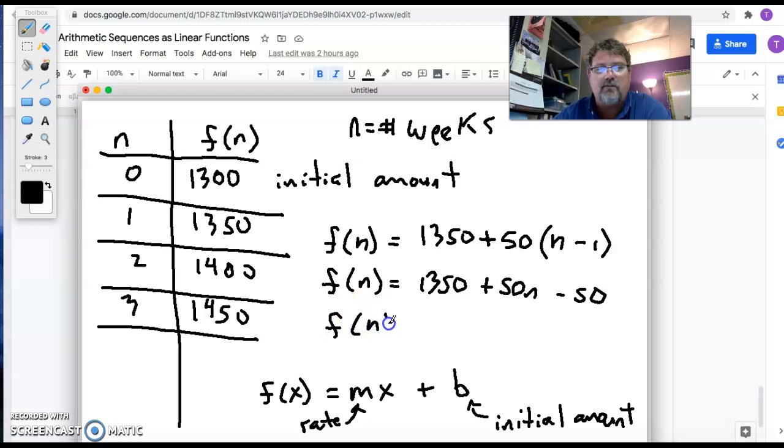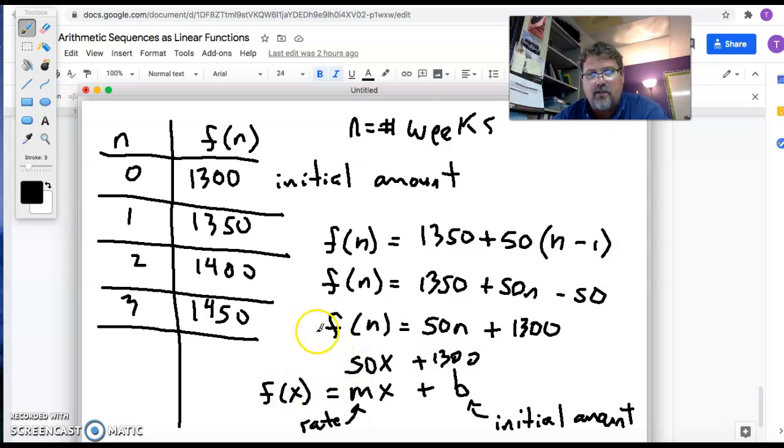We get this nice little formula, which is 50n plus 1300. This is the same as if I'd said it's got a rate of change of 50, starting at 1300, right? It's almost easier to write it this way because we don't start thinking about n equals 1 and 0 and all that. So if it's linear, I would suggest looking for a rate of change, and then you have an initial amount.